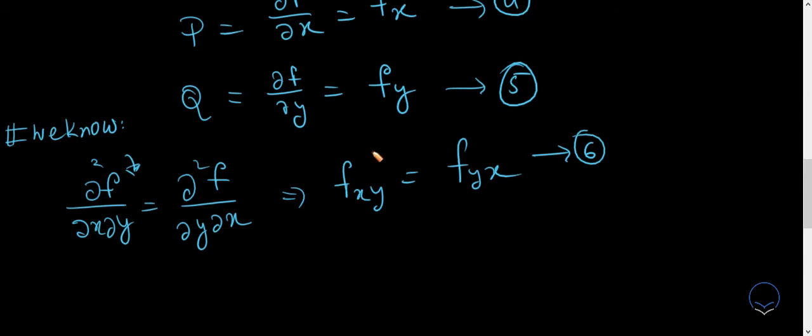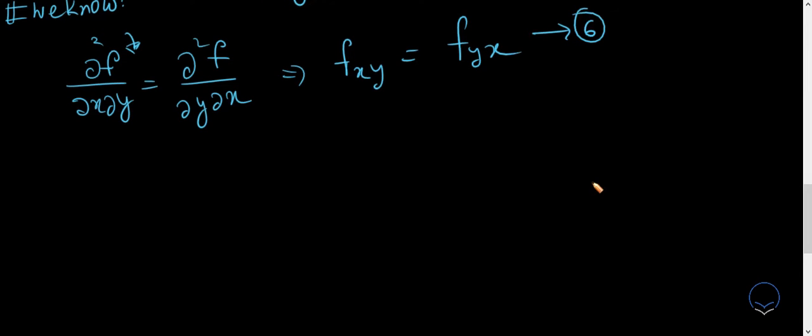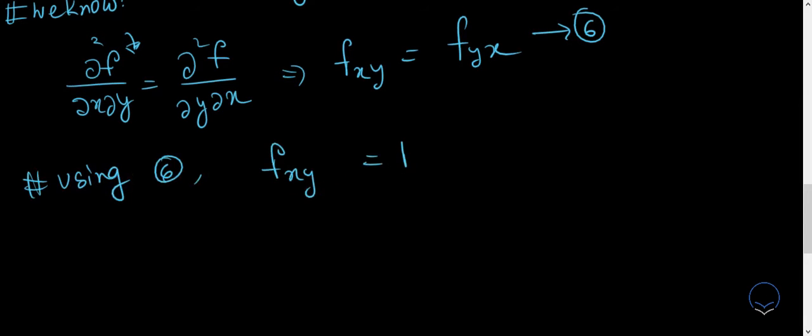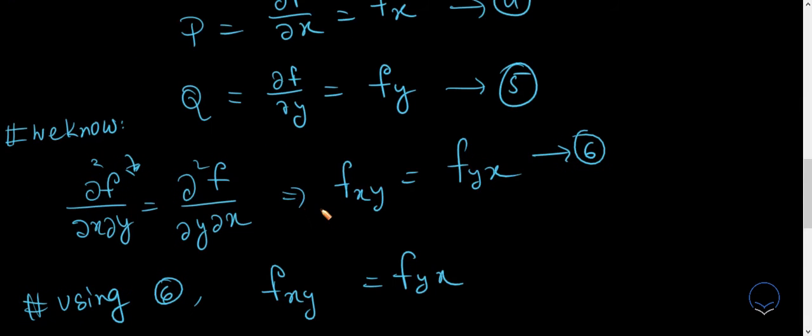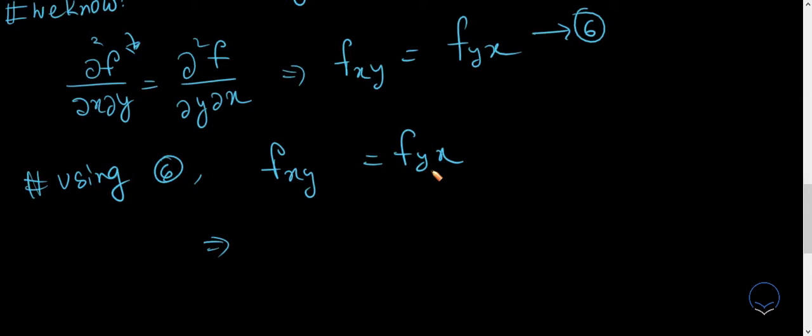So using 6, you have your f subscript x y is equals to f subscript y x, right? So let's write them like this. But what was f subscript x? It was p. So f subscript x y, that is this mixed derivative, will be now p subscript y, right? That is partial derivative of p with respect to y. Similarly, it will be q subscript x.